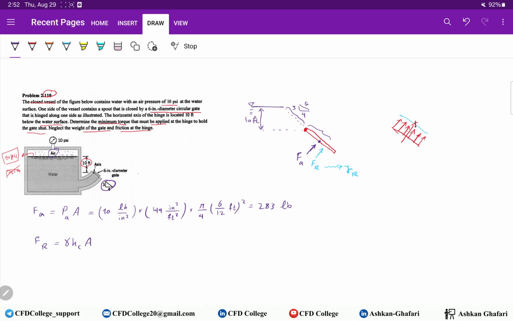We can find it, but we should find YR actually, and we know that this force acts on this point. So first we need to find HC or YC actually, and then we can calculate YR. Here is the centroid, so we should find YC. YC is this. This is YC.